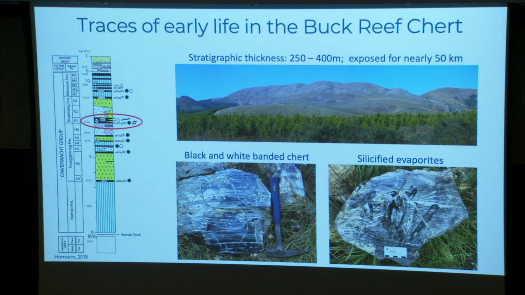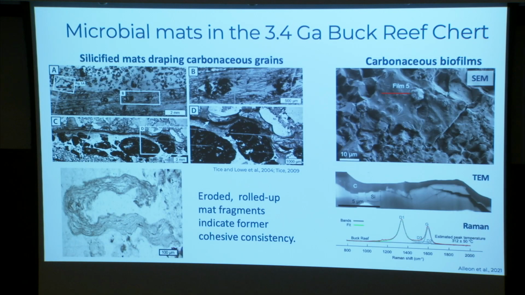So we are really in a nearshore coastal paleoenvironment, and especially Mike Tice and Don Lowe had a closer look at these carbonaceous laminations in these black cherts, and they interpret these structures as fossilized microbial mats that were once really draping these sand grains.